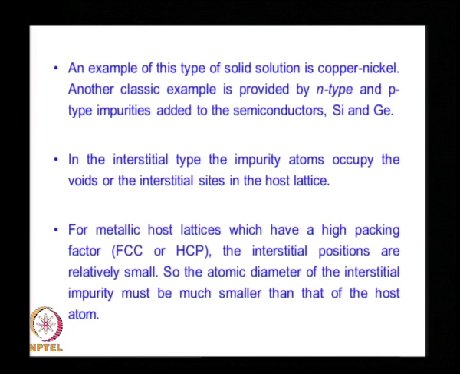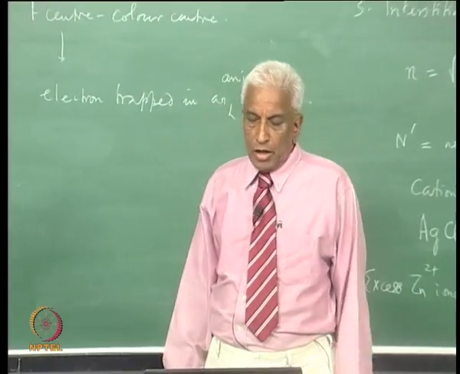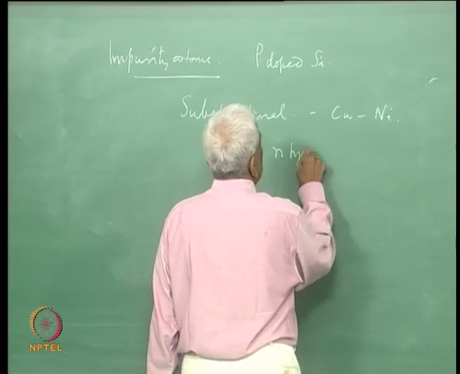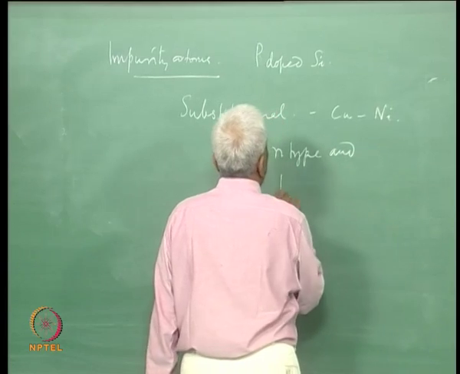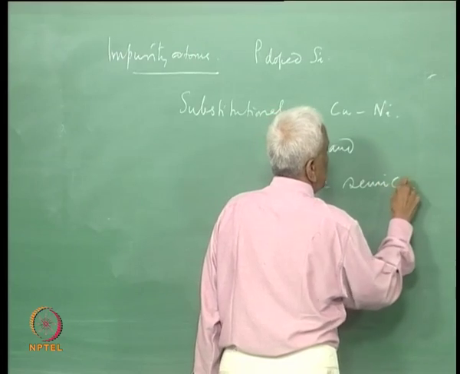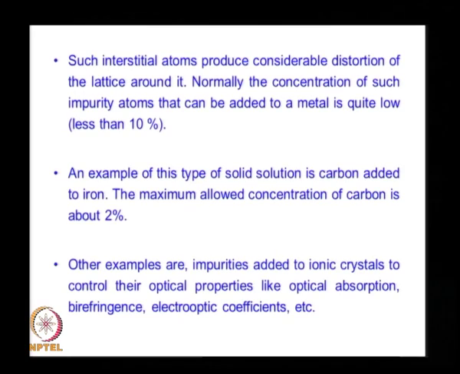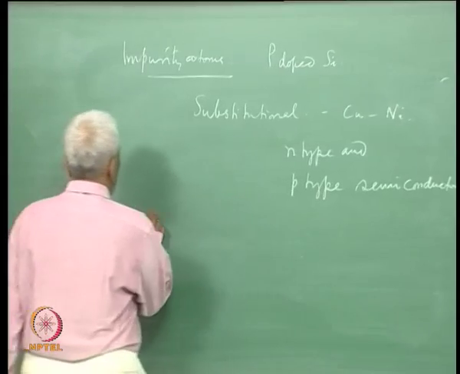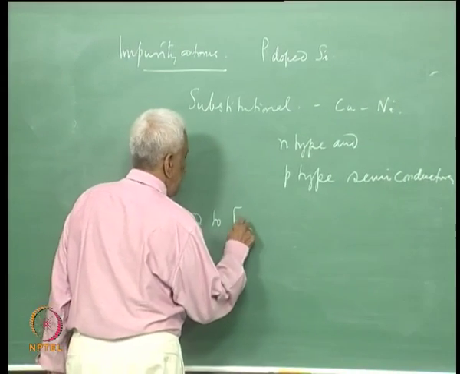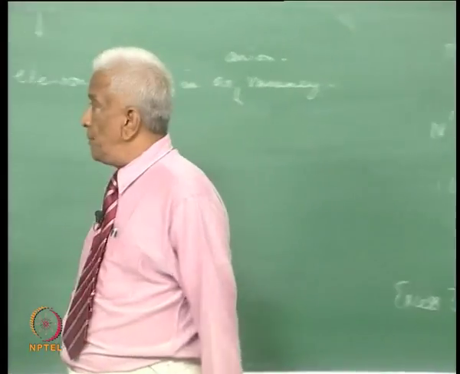For example, the copper nickel alloy, and then of course the n type and p type semiconductors. So, these are standard examples of such impurities. You can also have a situation like carbon added to iron. That gives you about 2%, say.